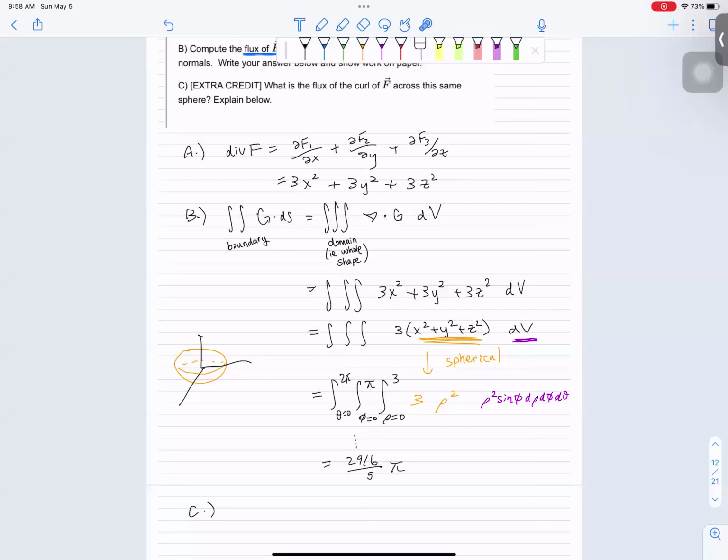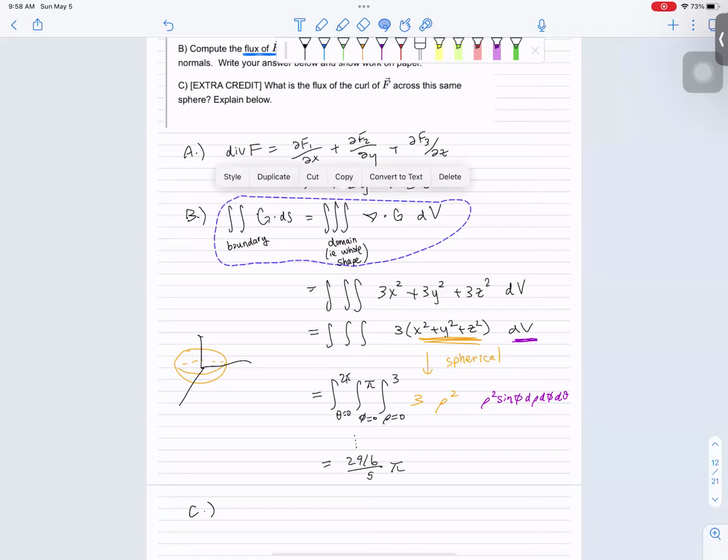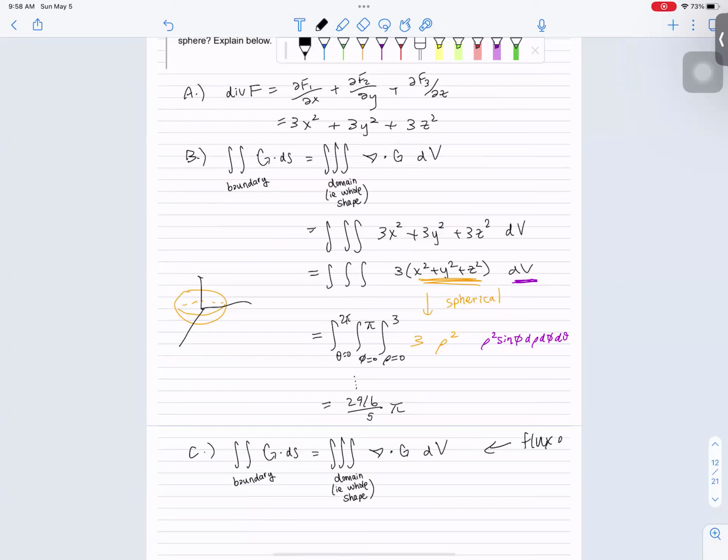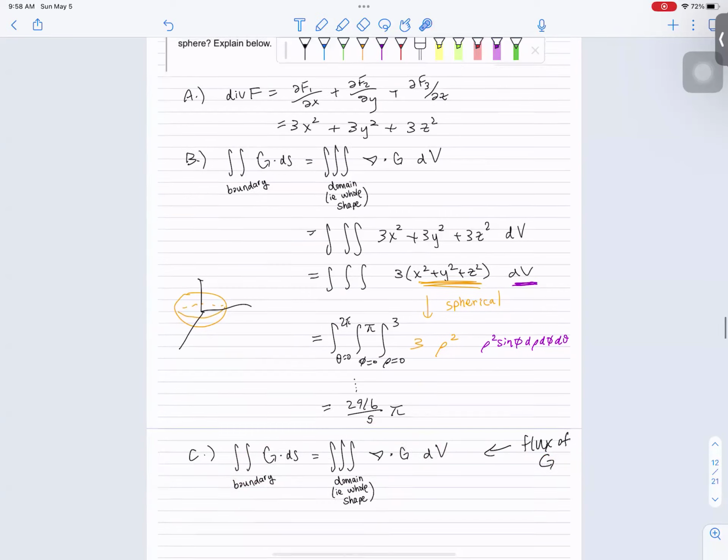So let me rewrite the divergence theorem. This tells me the flux of G, right? Because with divergence, I told you that it's usually finding the flux of some vector field G. This is what the divergence theorem says.